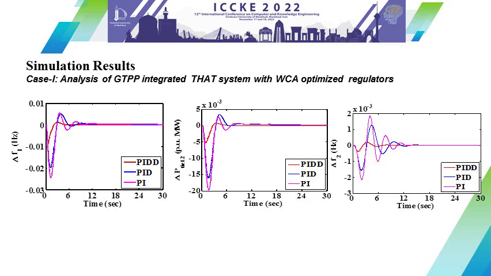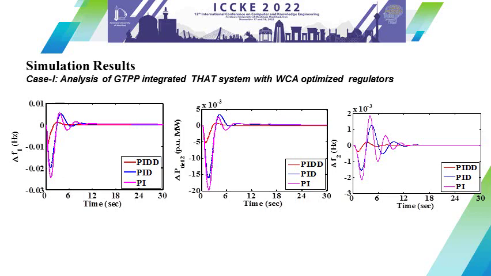If you see, for the same disturbance conditions, definitely the dynamic behavior of the two-area hydrothermal system with geothermal power plant integration under the PIDD controller is less deviated compared to that of PI in pink color and PID in blue color.